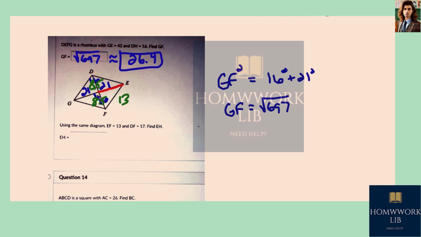This would go like 13 would be the hypotenuse equals EH squared plus 8.5 squared.